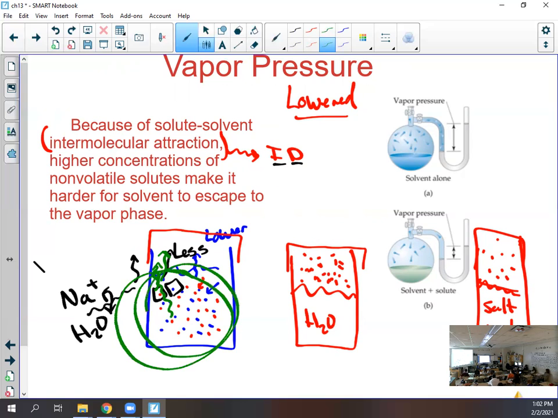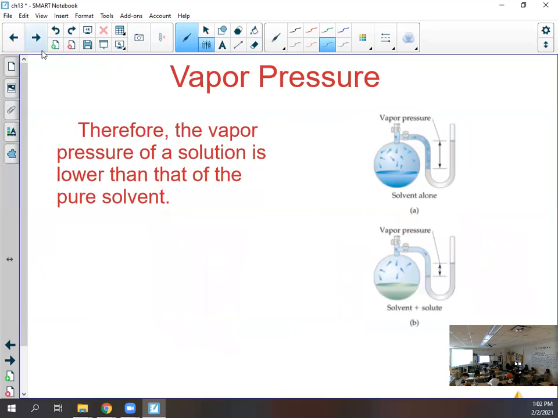Anytime we cause the liquid to be more attracted to itself, we raise the boiling point. It takes more energy to break the attractions. All right. So same thing I just said. Therefore, the vapor pressure of a solution is lower than that of the pure solvent. If you learn nothing else, at least memorize this part. This could give you like 3 out of 5 on a question.